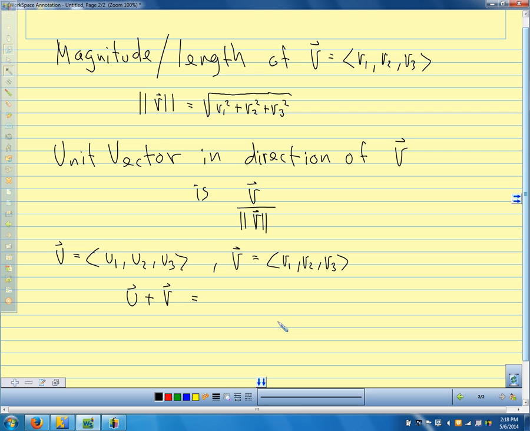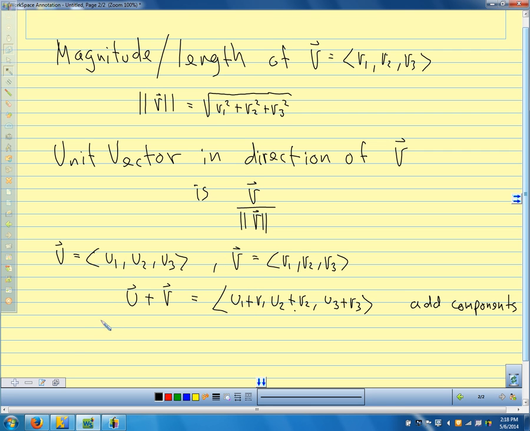Add the components. u1 plus v1, u2 plus v2, and u3 plus v3. So we just add the x components, add the y components, add z components. So to add vectors, we add components. And subtracting is the same, we just subtract the components.